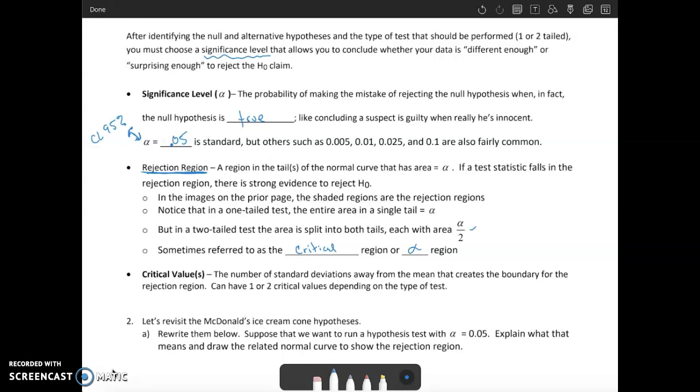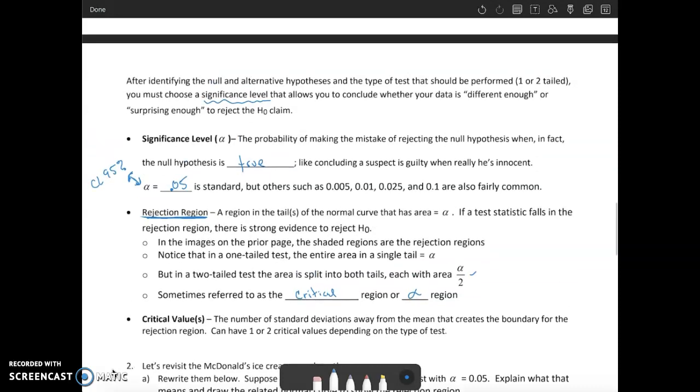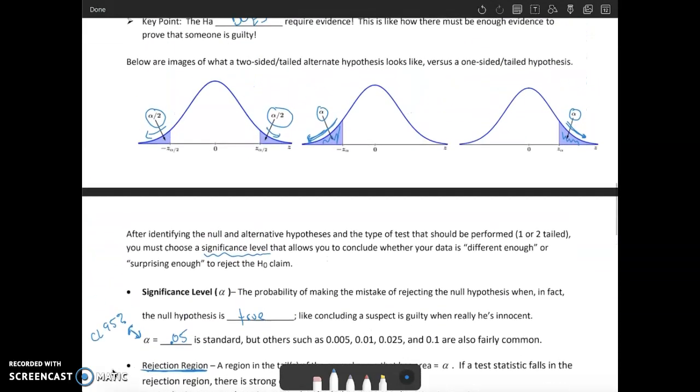You can have 1 or 2 critical values depending on the type of test. So your critical values are these numbers down here on the x-axis, the boundary lines for your rejection region. These are your critical values.